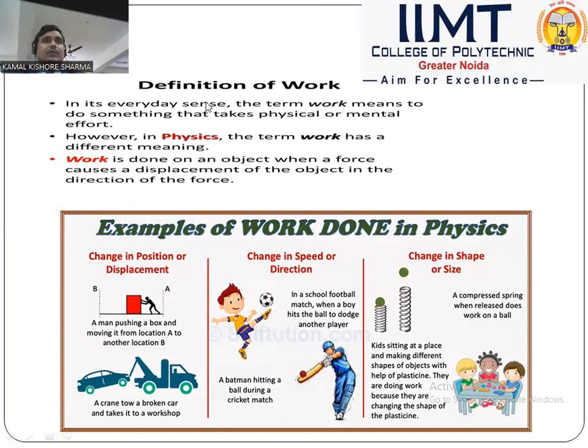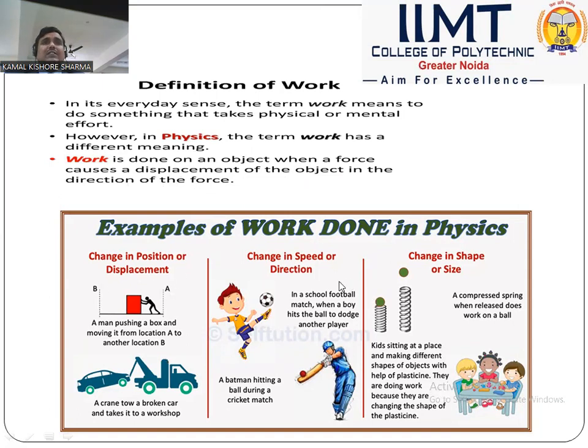So in the everyday sense, the term work means to do something that takes physical or mental effort. In the terms of physics, work has a different meaning. Work is done on an object when a force causes a displacement of the object in the direction of force.